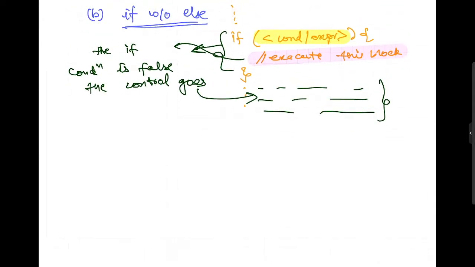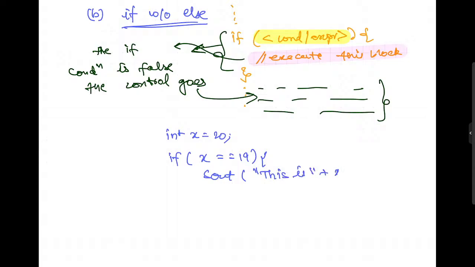So something like, if I have int x equal to 20, and if x is equal to 19, I am going to execute s out of this is plus x.